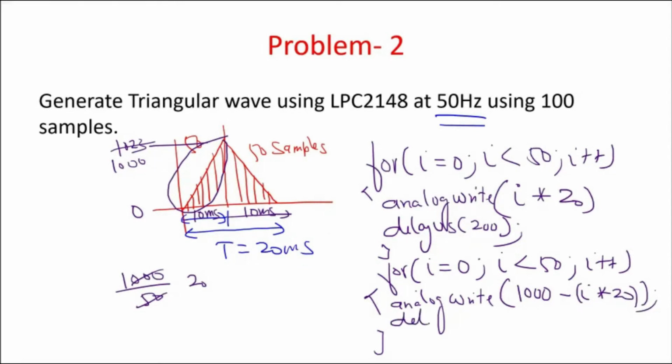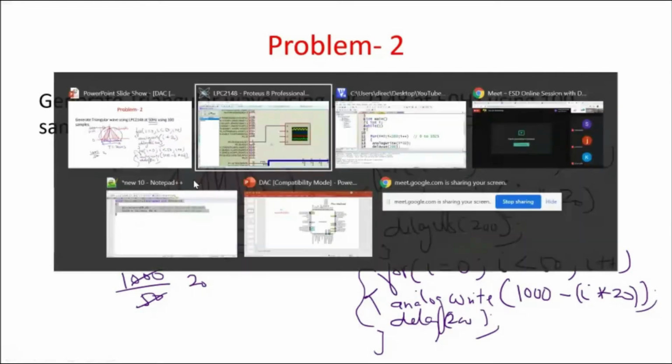Same delay. So this will generate the downgoing ramp. Okay, so let us check that one.